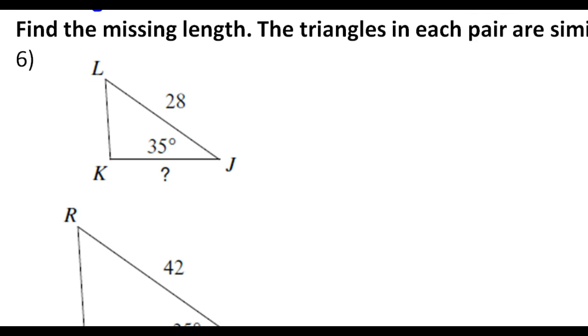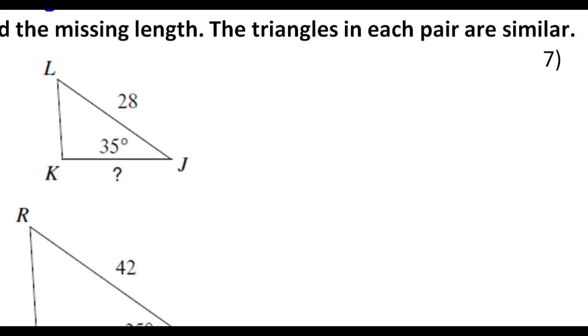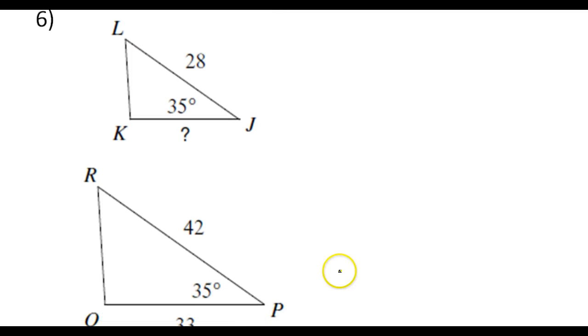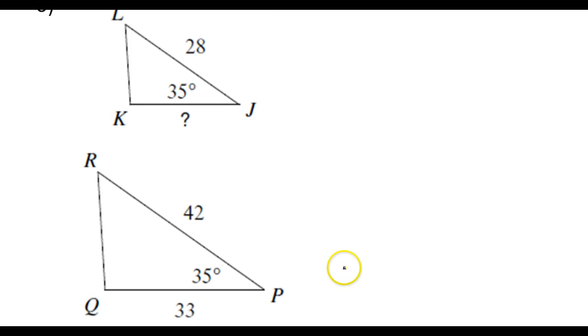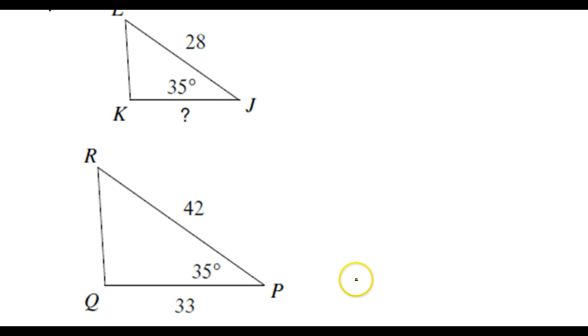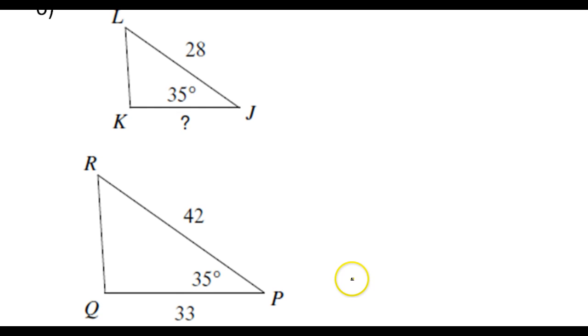Alright, so for the next couple problems, we're finding the missing length. The triangles in each pair are similar. That's a given. Looking at these two triangles in number 6, it's all about picking two corresponding sides that we know. So for example, the 28 and the 42. That's a pair that we know.